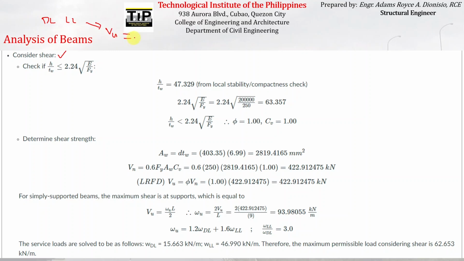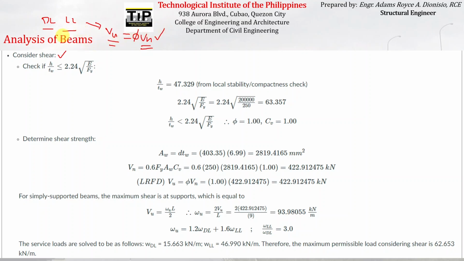So we have to make sure that the nominal capacity of the W16 steel section will not exceed the ultimate shear forces that will be induced by these dead loads and live loads. So therefore, we have to check also the capacity of the steel beam with respect to resisting shear.